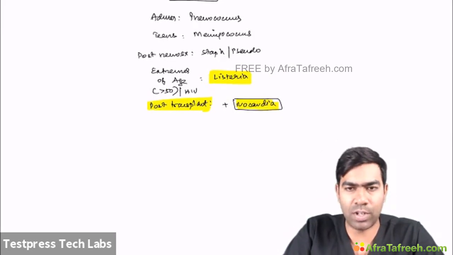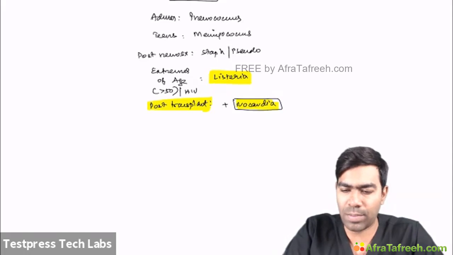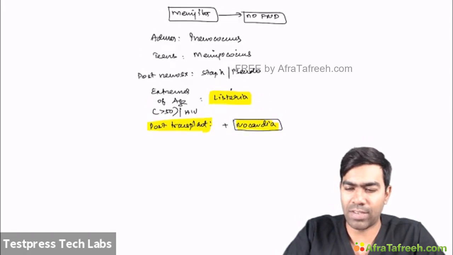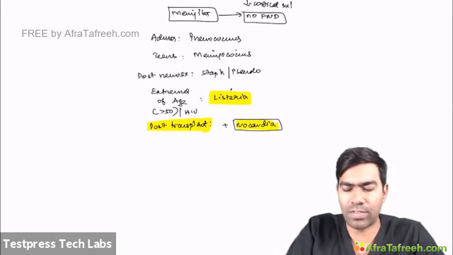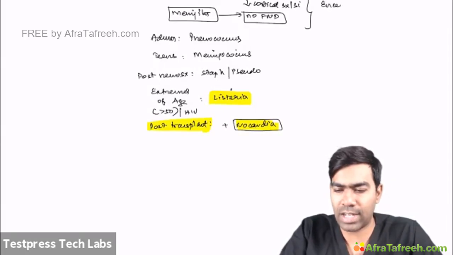Remember, meningitis will not have typical focal neurological deficit, no FND. If it's only a meningitis, you should not get FNDs, and there will be very minimal cortical symptoms and signs. Cognitive dysfunction will not be that severe in the setting of meningitis. Suppose you have an encephalitis.